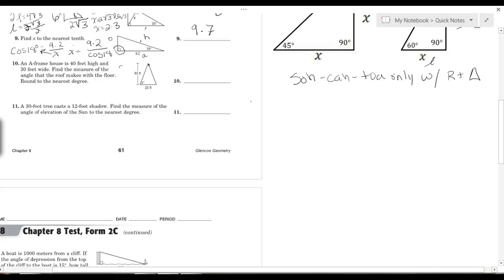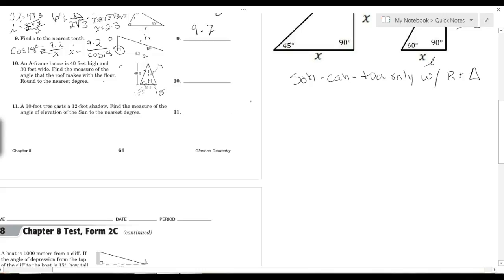So the easiest way for me to do this is to drop down an altitude, which is the height of the triangle, and we remember that a height always forms a right angle to the base, and because this is an isosceles triangle, that means that height is also going to bisect the base. So now I've got two separate 15-foot sides. And the height, I've already been told, is 40, so this line right here is 40.